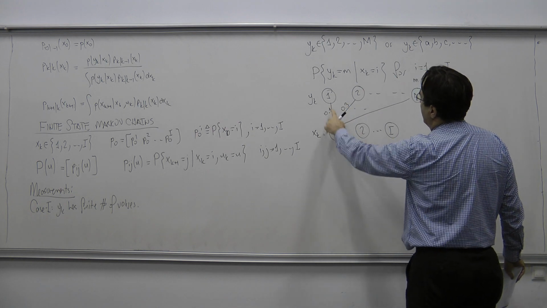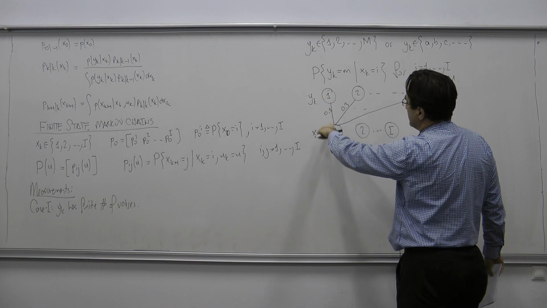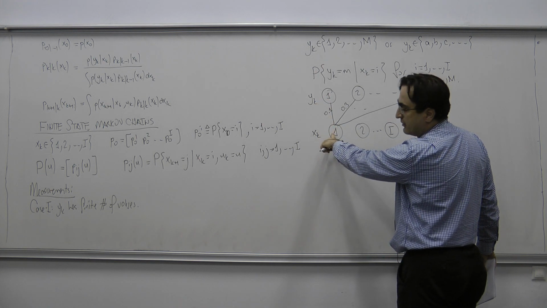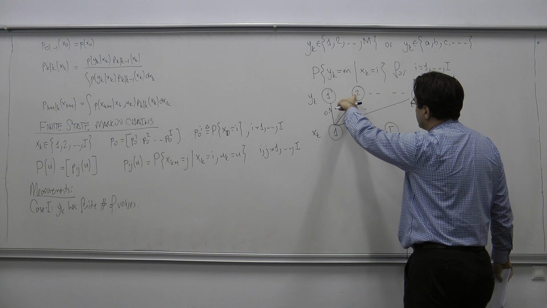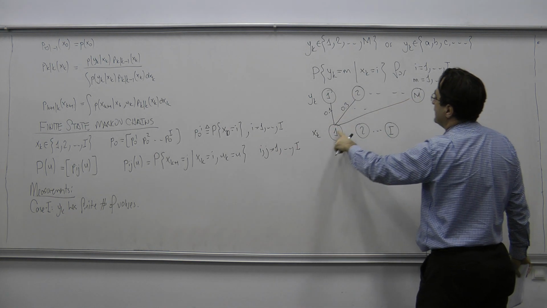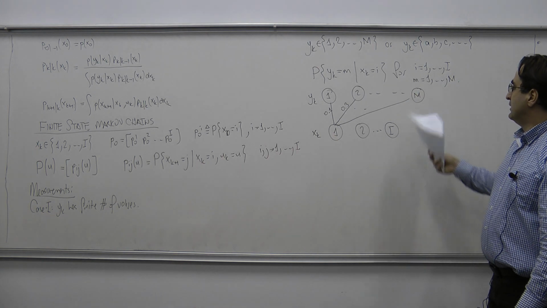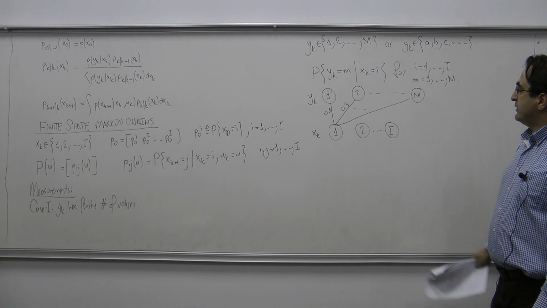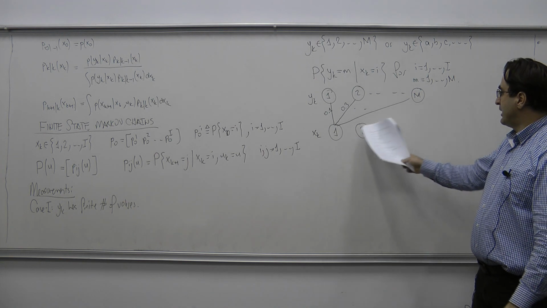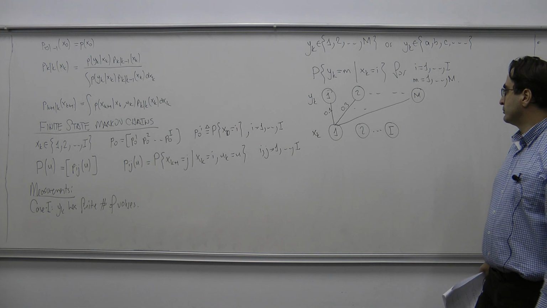These are the probability that yk is equal to 1 given xk is equal to 1, yk is equal to 2 given xk is equal to 1, yk is equal to m given xk is equal to 1. And here, the number of values of the state does not have to be equal to the number of values of the outputs.